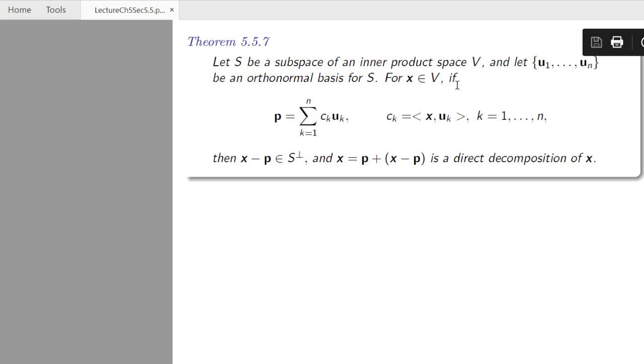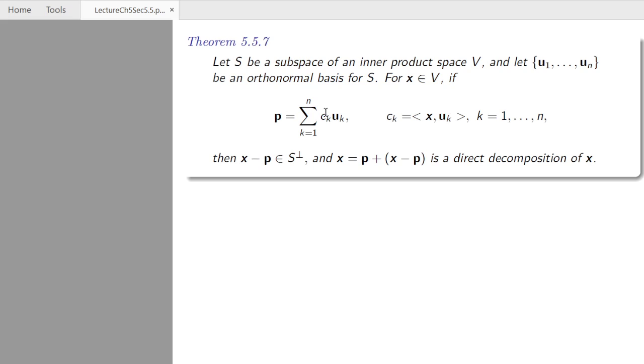Here, if we have a vector P, this vector P is a linear combination of U1, U2 to UK. The coefficient here, CK, equals the inner product between X and UK.